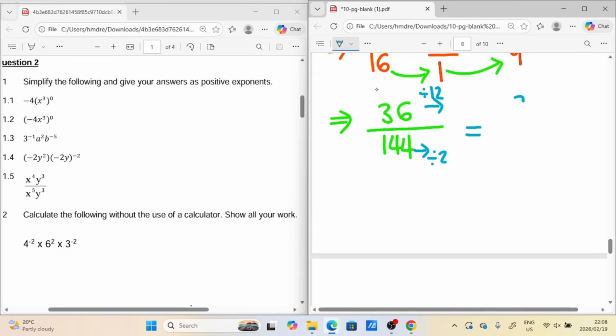So 36 divided by 12 is 3. 144 divided by 12 is 12. And then again, we can divide them both by 3. So 3 divided by 3 is 1. 12 divided by 3 is 4. And so that is our final answer here, 1/4.